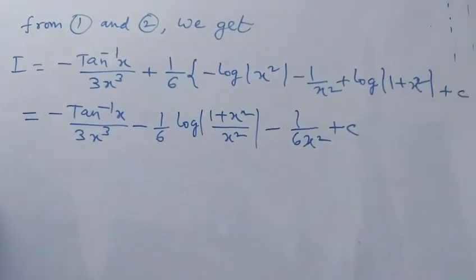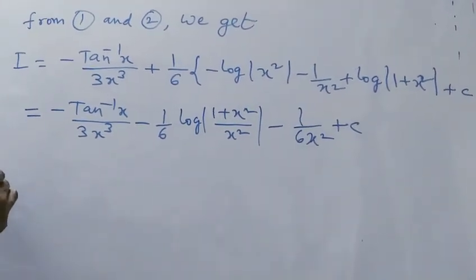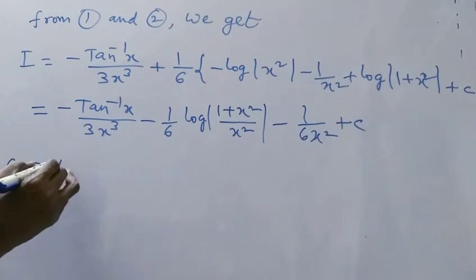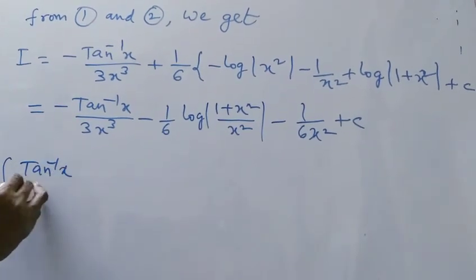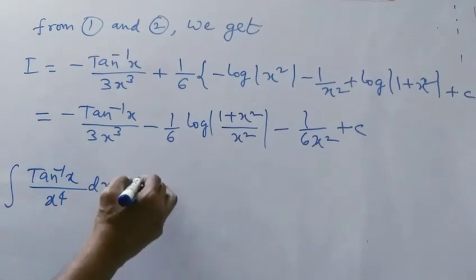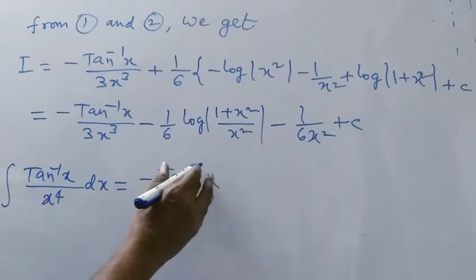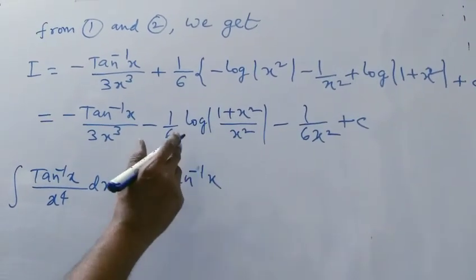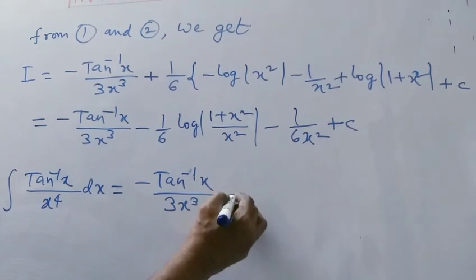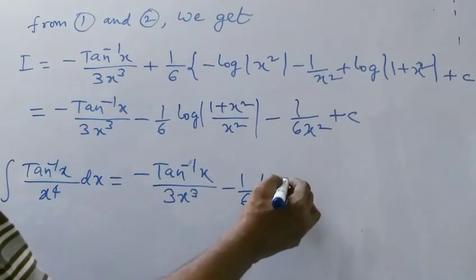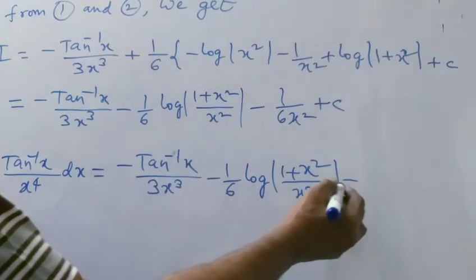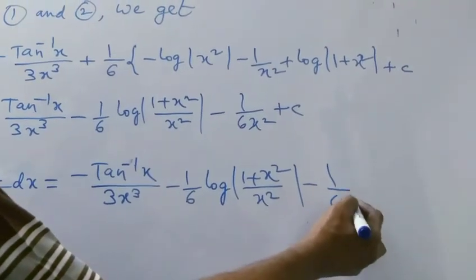Therefore integral of tan inverse of x by x to the power of 4 dx is equal to minus tan inverse x by 3x cube minus 1 by 6 log modulus (1 plus x square) by x square minus 1 by 6 x square plus c.